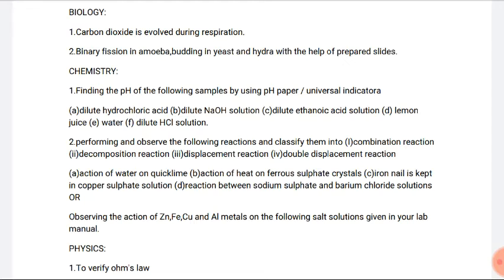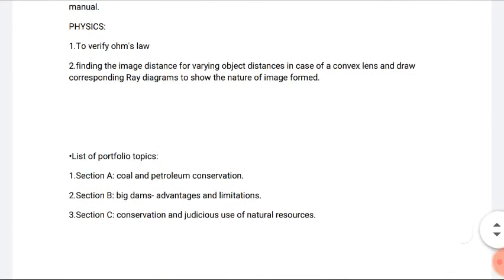And you all have to divide your practical notebook into 3 parts. In the first part you write physics, in the second chemistry, and in the third biology. Different sections should be there. In one copy you make only 3 parts and write all the experiments.